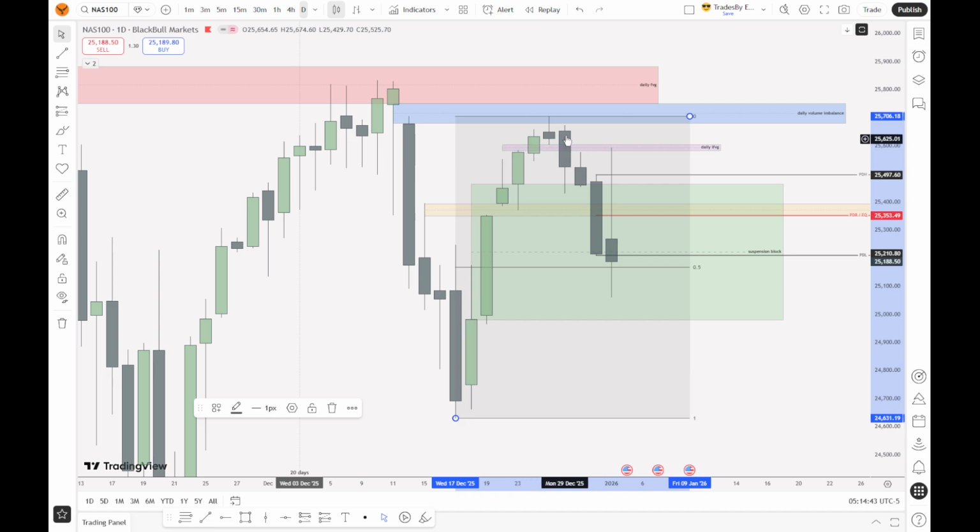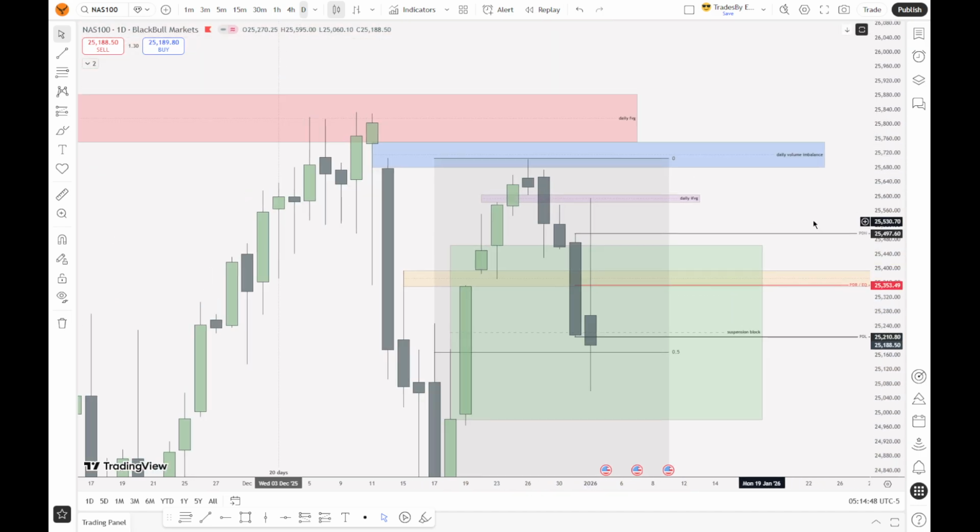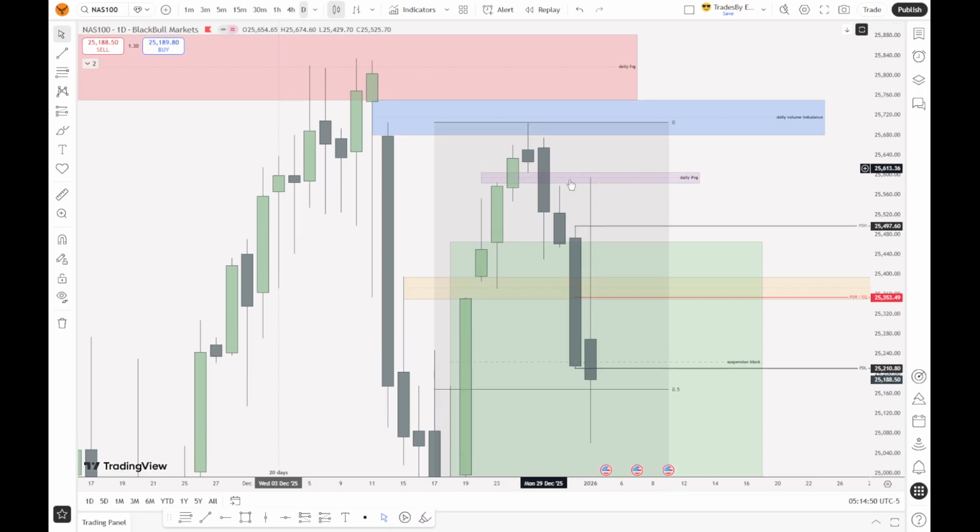Now, why did I choose this daily inversion fair value gap and I didn't use the fair value gap in here? Because we have a fair value gap in here. Now, most times, I like to use the inversion array as a better opposite after a return. And in my anticipation, we are going to be bearish because these arrays are much stronger than this.